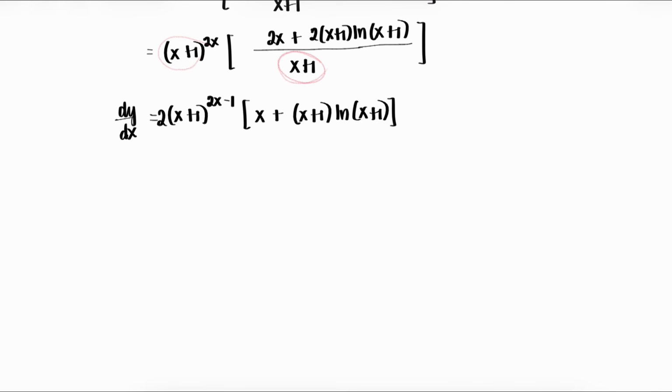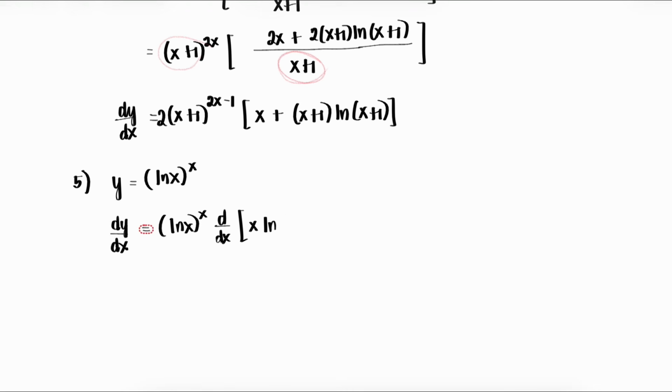And for the last example, we want to find the derivative of y equals ln of x to the power of x. So the derivative dy/dx is equal to, we want to copy ln of x to the power of x, and we are going to multiply it to the derivative of x ln of ln x.